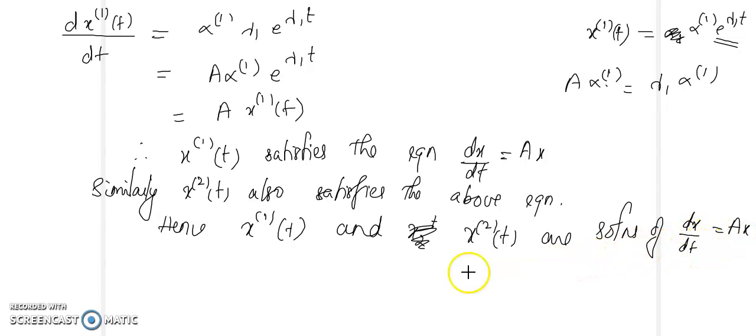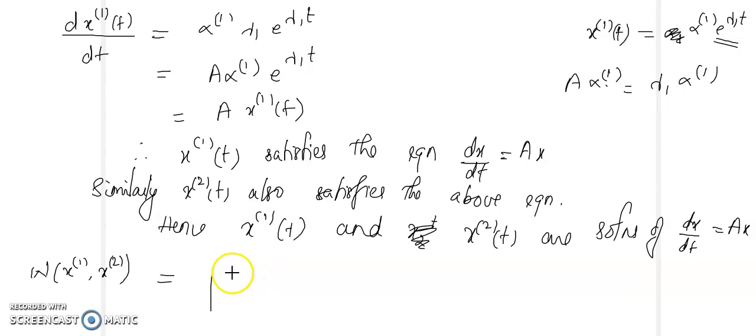And now we need to check whether these solutions are linearly independent or not. For that, let us find the Wronskian of x1 and x2. If they are linearly independent, the determinant must not be equal to 0.